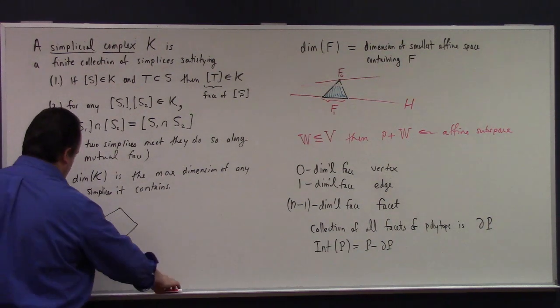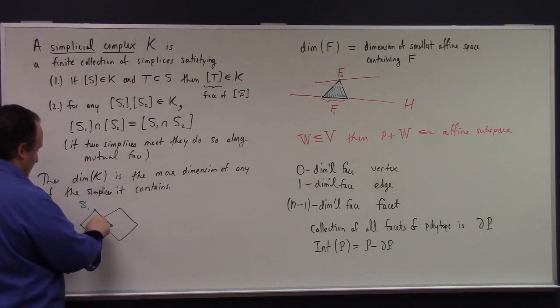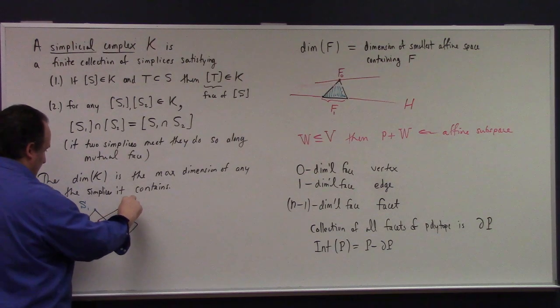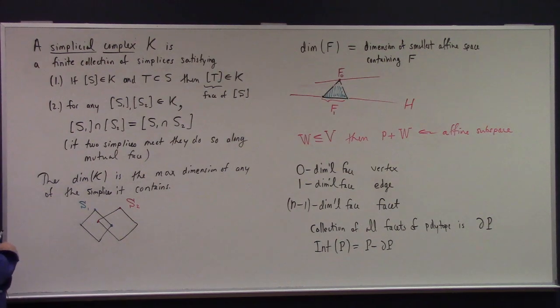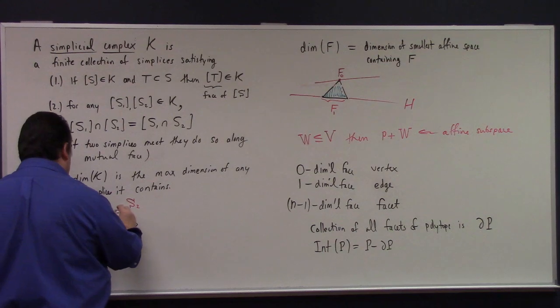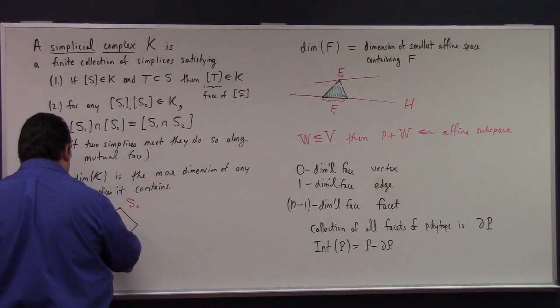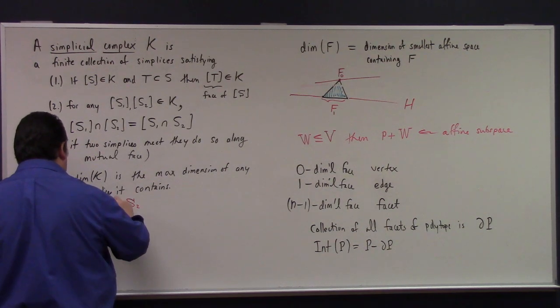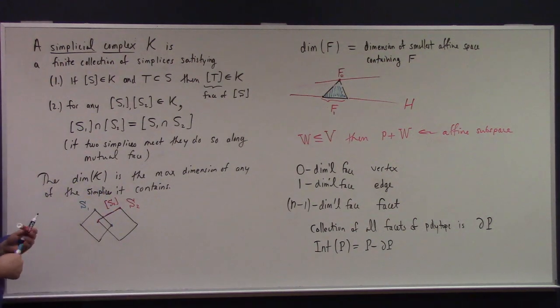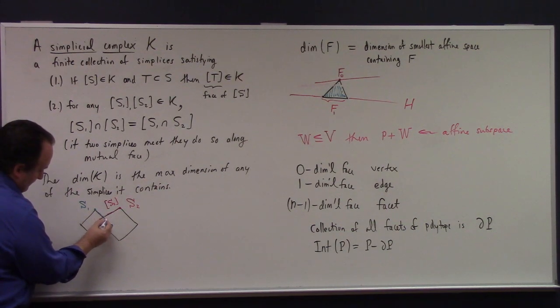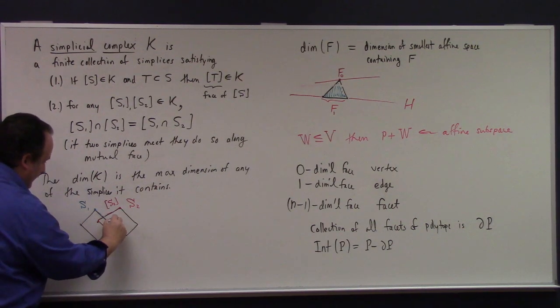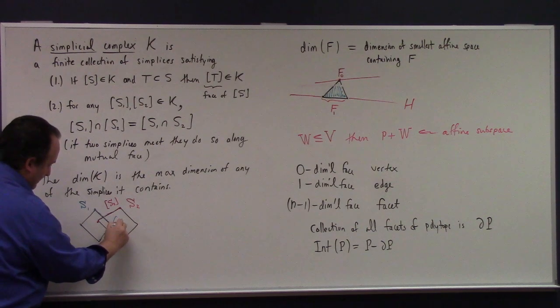And I take S2 to be the set of these 2 points, right? Then this right here is the simplex generated by that, right? And this edge right here is the simplex generated by those 2 points, right?